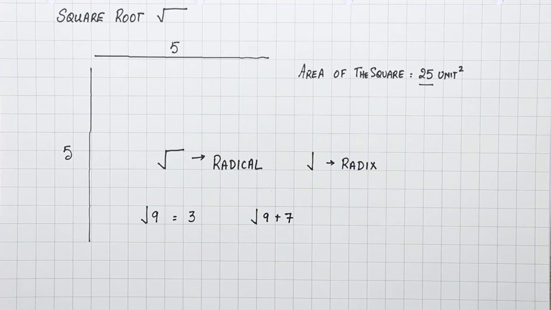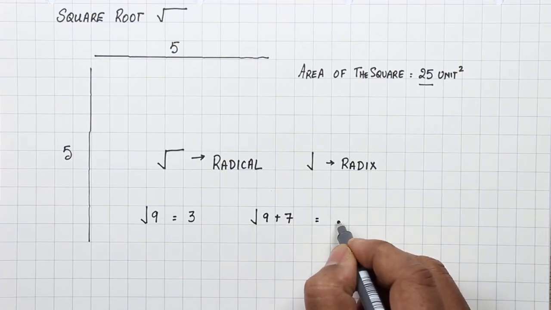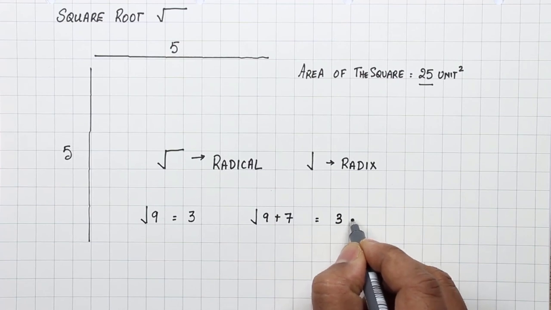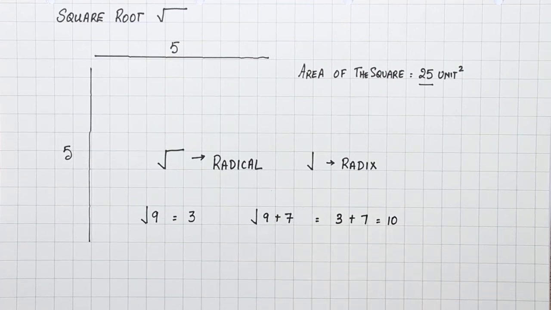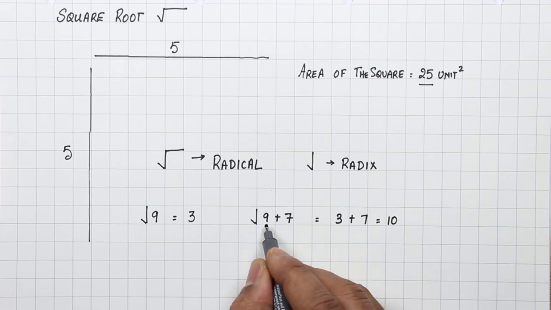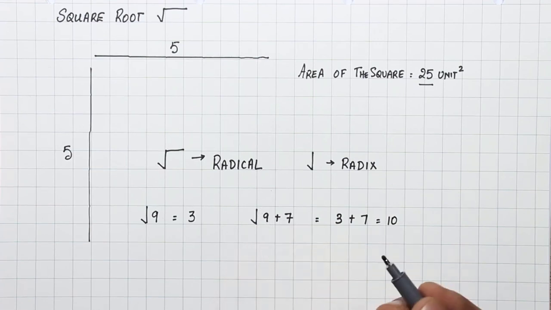Now there are two possibilities. One is that you can just find the square root of 9, which is 3, plus 7, which will give you 10. Or I may have asked you to calculate the square root of 9 plus 7 together.